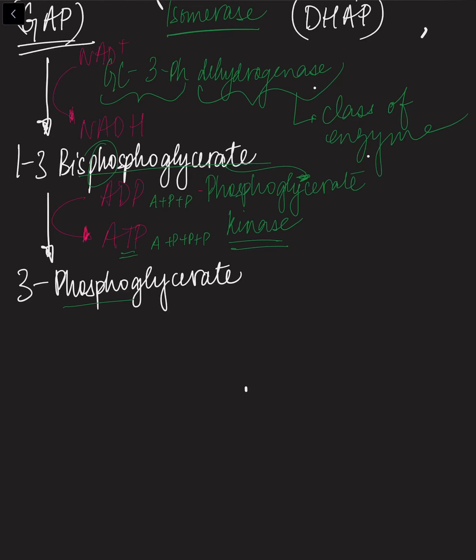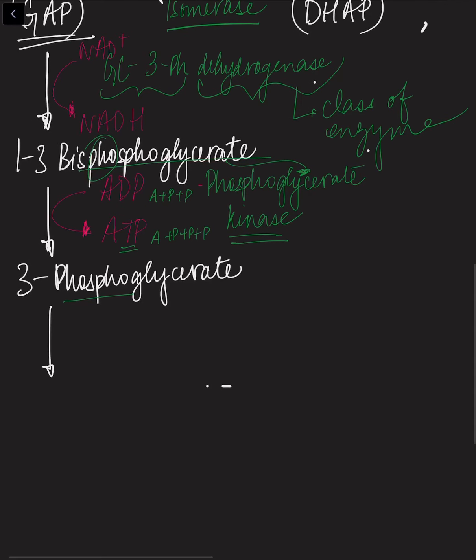From 3-phosphoglycerate, further along the line, under the action of the enzyme phosphoglycerate mutase, so note the similarity and the pattern which the enzyme name is following. It will help you remember the name of the enzyme. Phosphoglycerate mutase converts 3-phosphoglycerate to 2-phosphoglycerate.